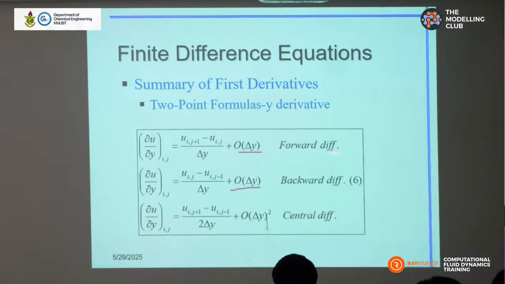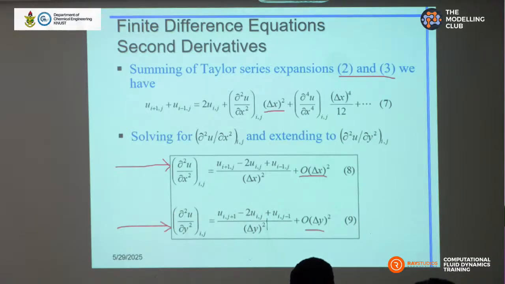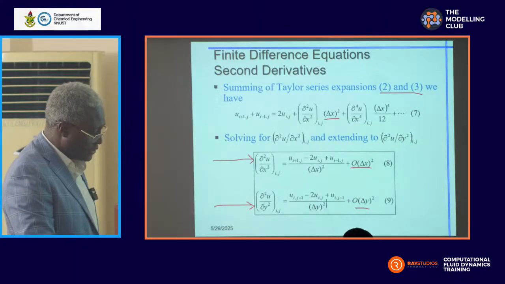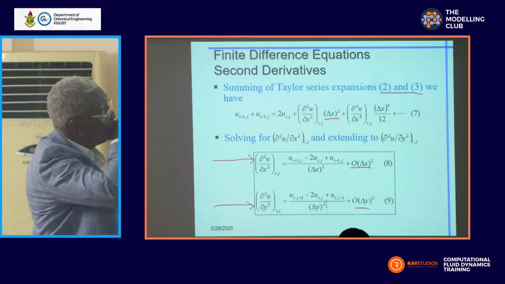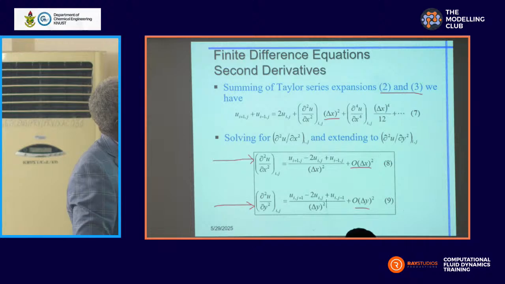The partial of u with respect to y can be obtained with this forward difference equation, this backward difference equation, and this central difference equation. So that takes care of the first derivatives.